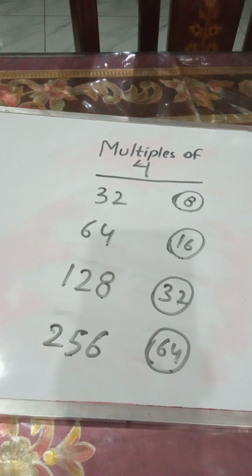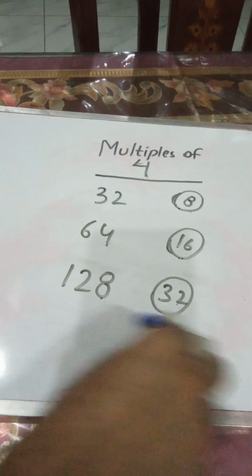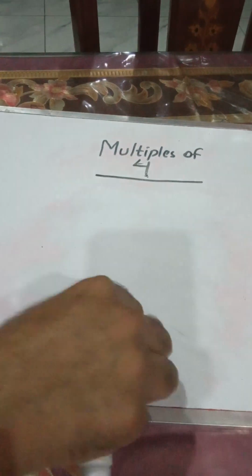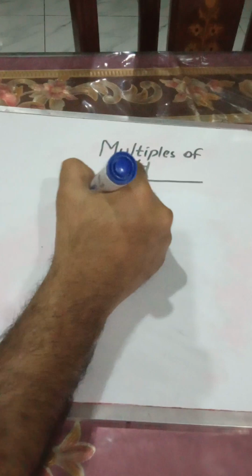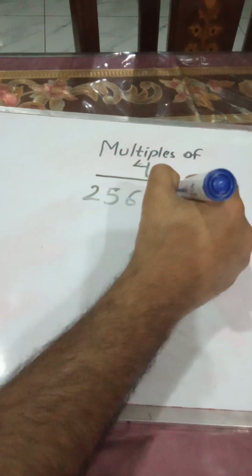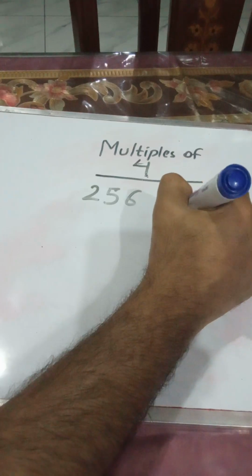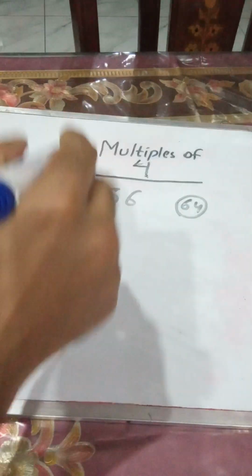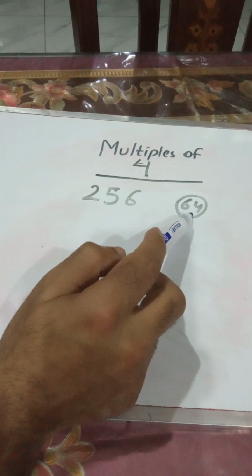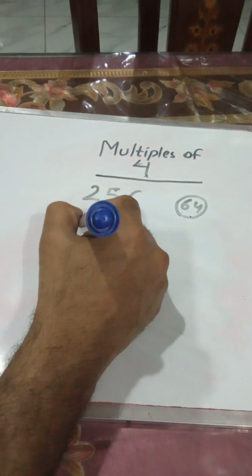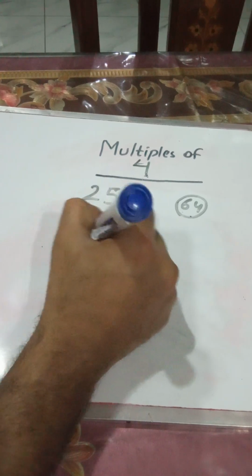Now let us see a few more multiples of 4. If you multiply 4 by 64, you will get 256. Now what is the double of 256? That is 512.